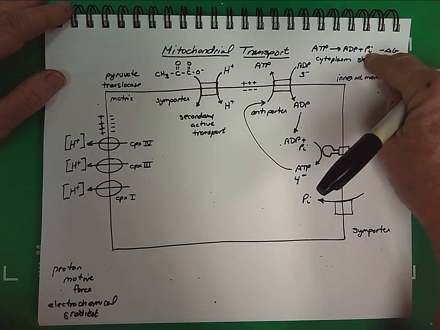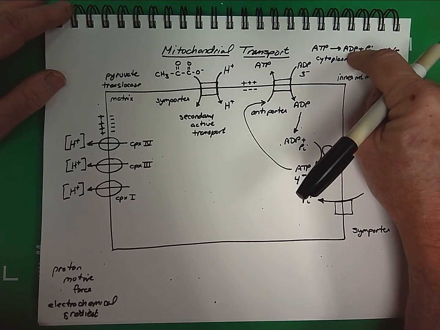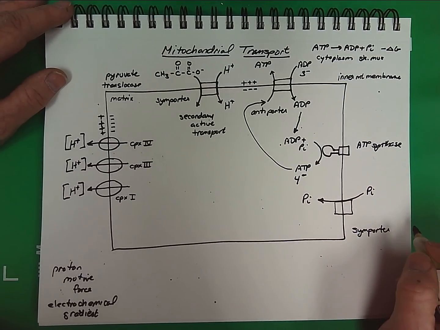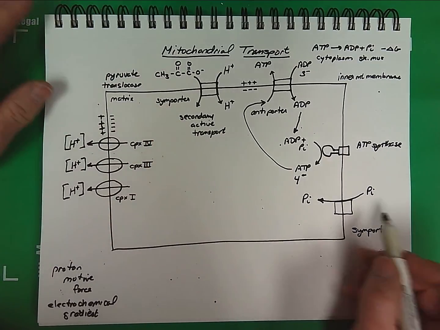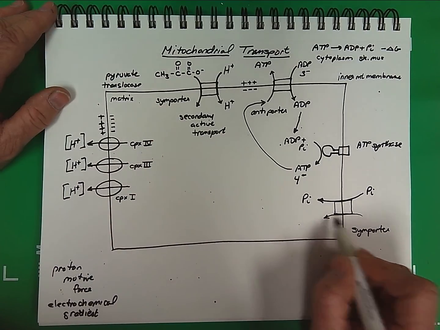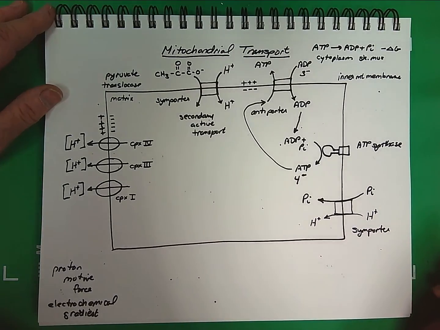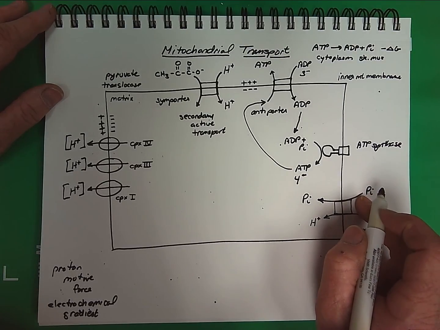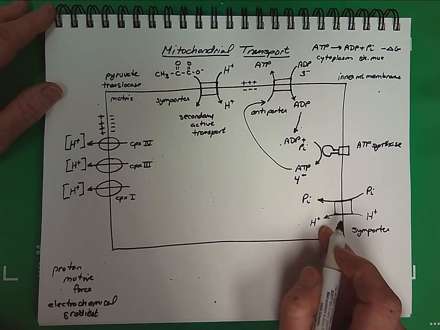Again, we have an excellent source of inorganic phosphate because of the hydrolysis of ATP, so that's coming from the cytosol. And as we've seen before with the pyruvate translocase, we are going to take advantage of the proton gradient. So this symporter will bind inorganic phosphate and protons on one surface and transport those together to the matrix of the mitochondria.